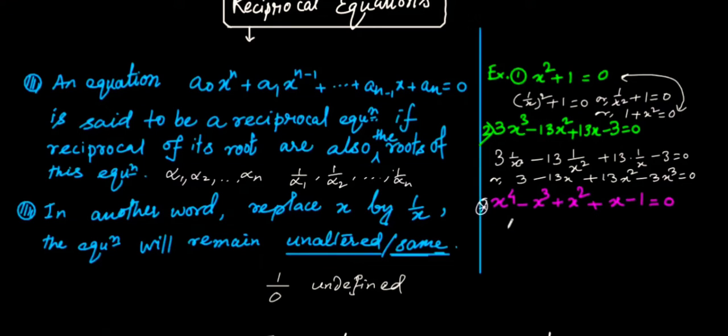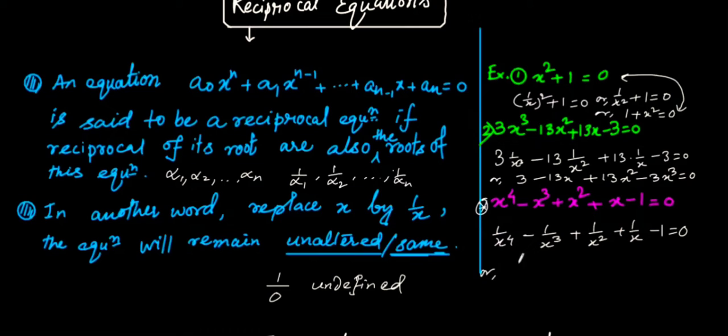The next equation, x to the power 4 minus x cube plus x square plus x minus 1 equals 0. Replace x by 1 by x. What will we get? 1 by x to the power 4 minus 1 by x cube plus 1 by x square plus 1 by x minus 1 equals 0.